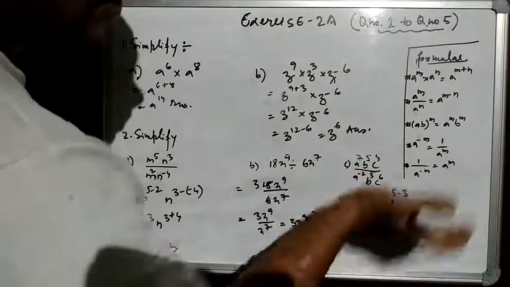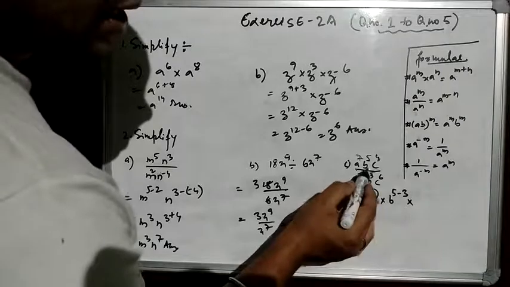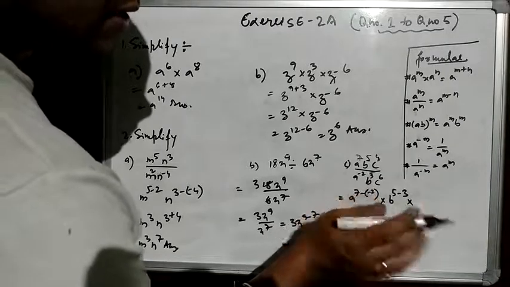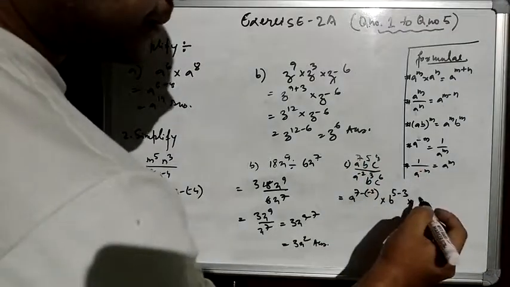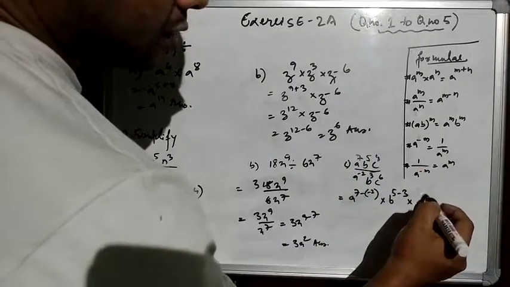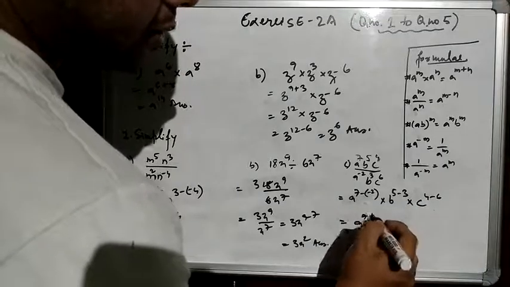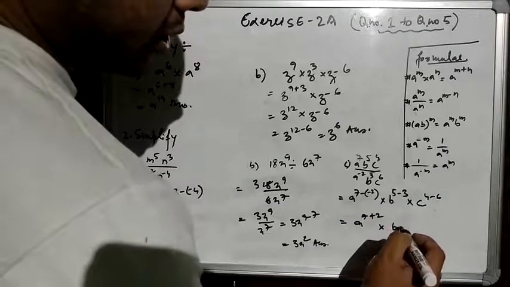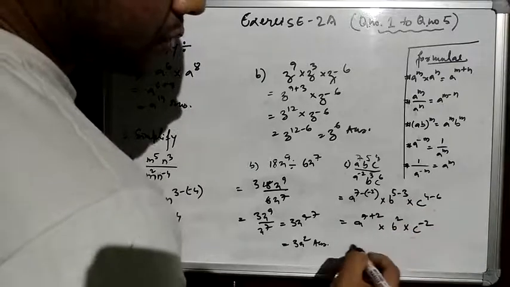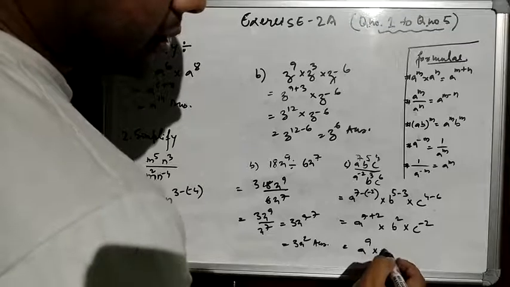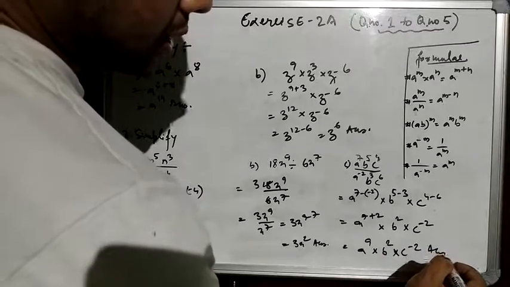When the power goes up, it converts into minus only in the case when the bases are the same. Only in that case the power will get subtracted or added. So 4 minus 6, a 7 plus 2, b 5 minus 3 is square, and c minus 2. The answer is a to the power 9, b square and c to the power minus 2.